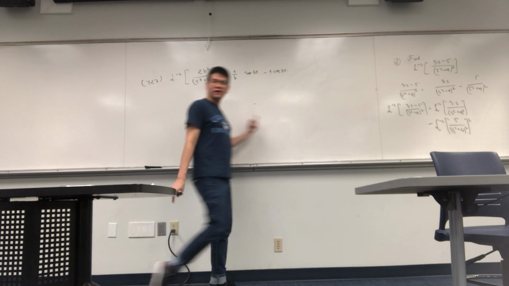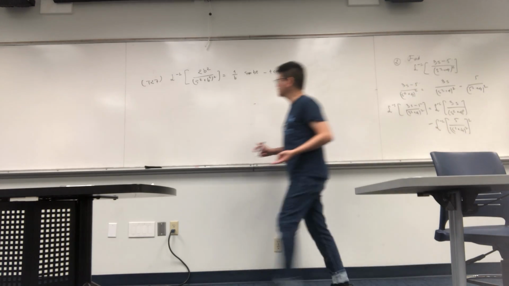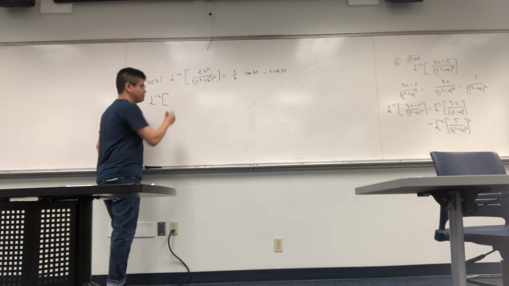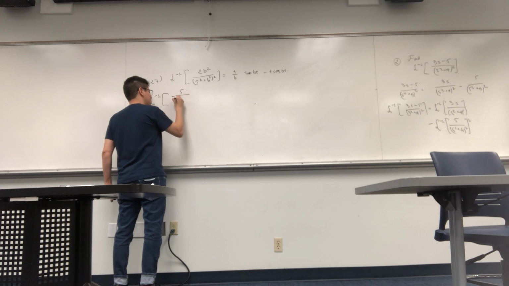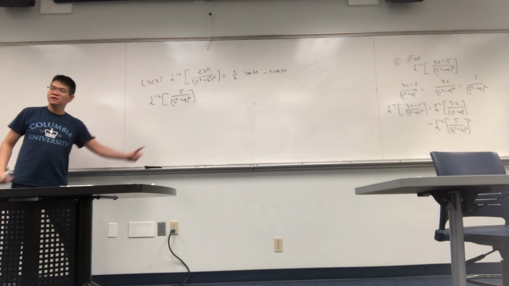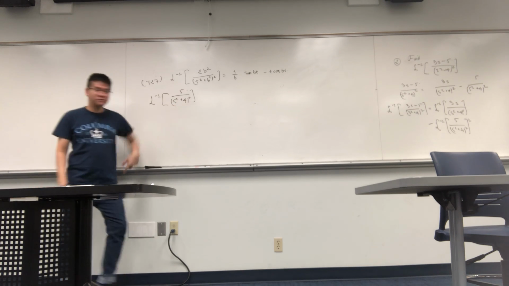Right, so you observe that here you have 5 over s squared plus 4 squared. This 4 is 2 squared, right?